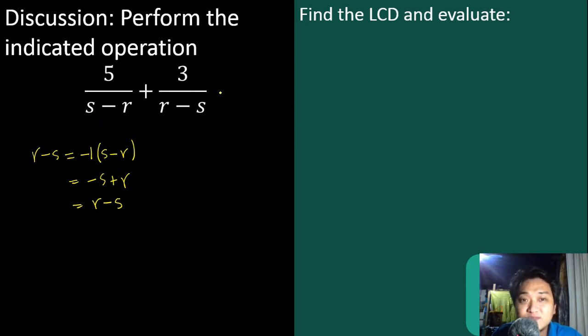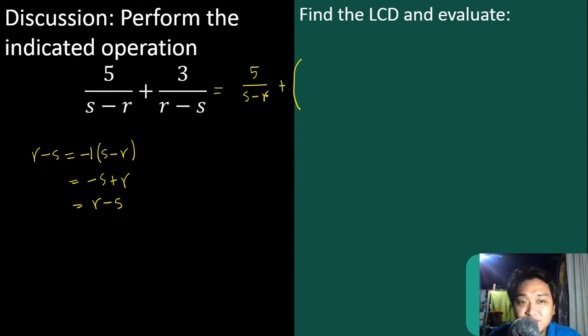Okay? Now, let us try to evaluate this. Since we know that r minus s is also equivalent to negative 1 times the quantity s minus r, let us copy 5 over s minus r plus, ikukulong muna natin siya sa grouping symbol para hindi magulo.